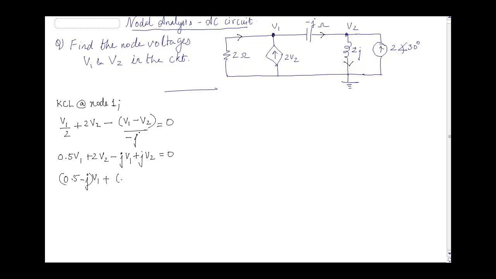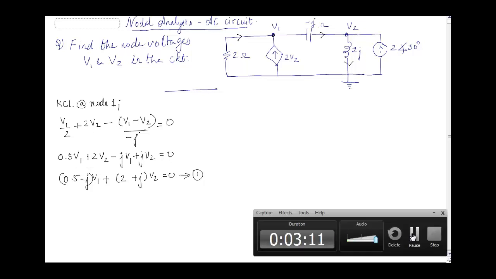plus, for V2 we have 2 plus j V2 is equal to 0. So this is our first equation, and with the help of this equation we will be able to write down the values. Let me again check. So you are having here 0.1.